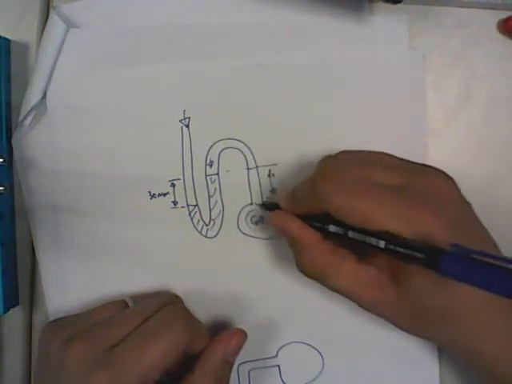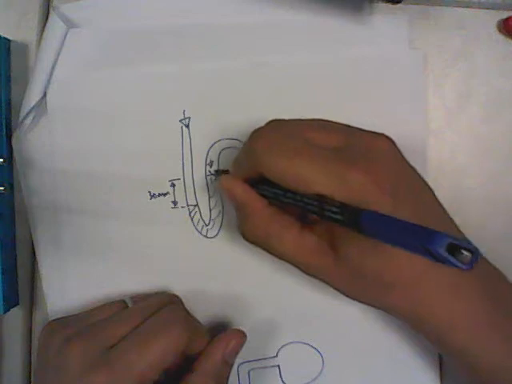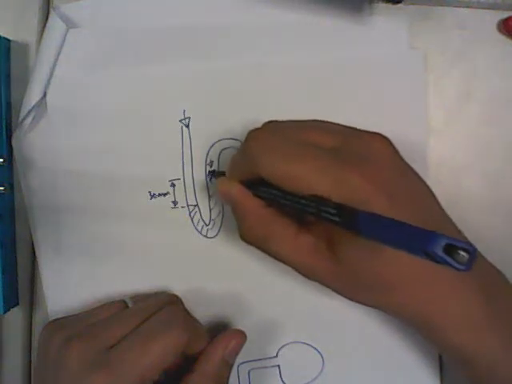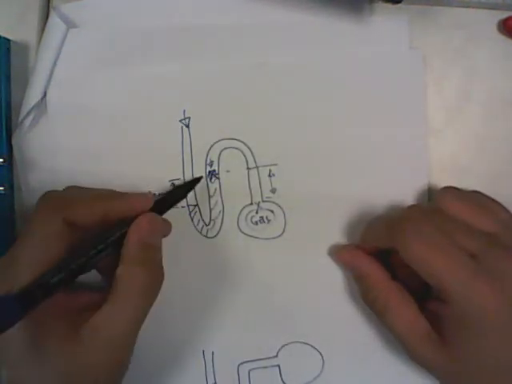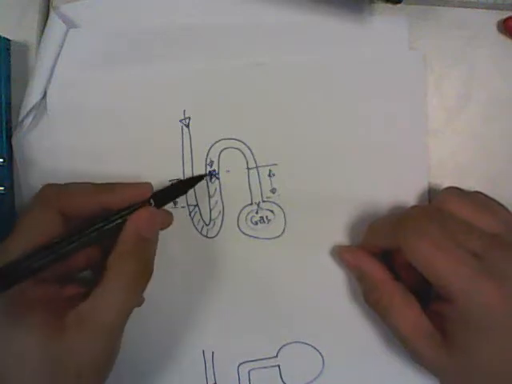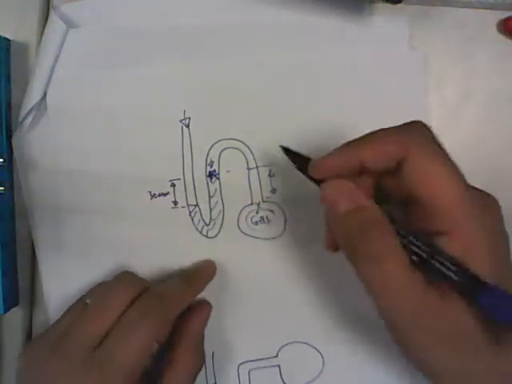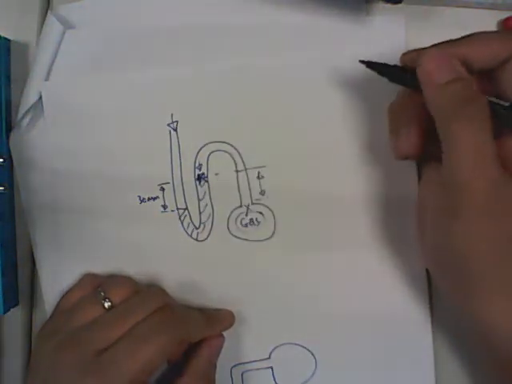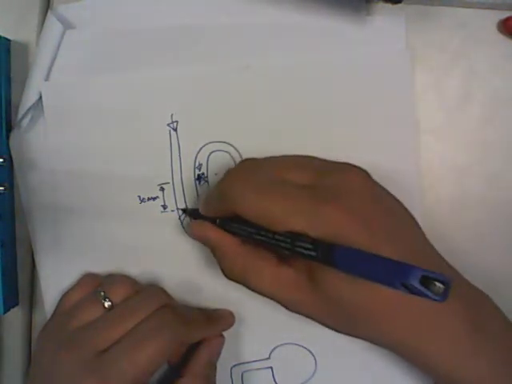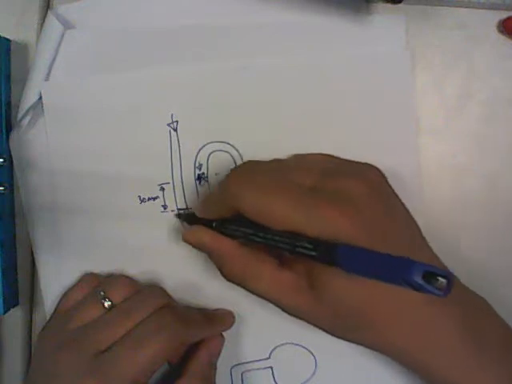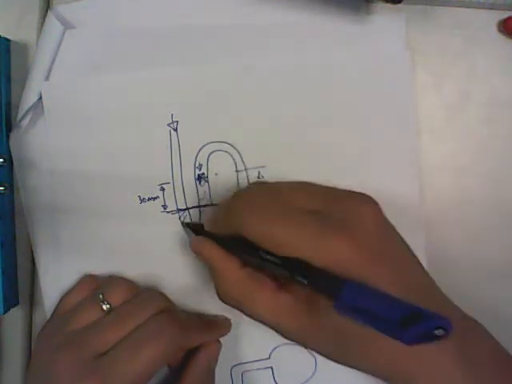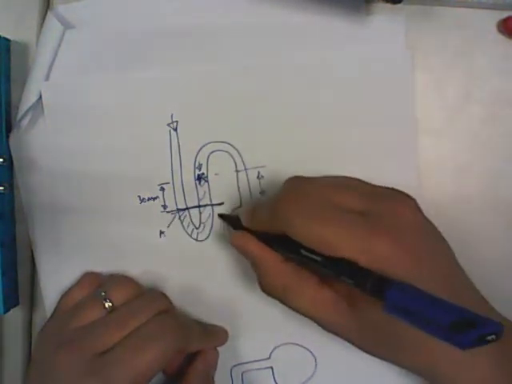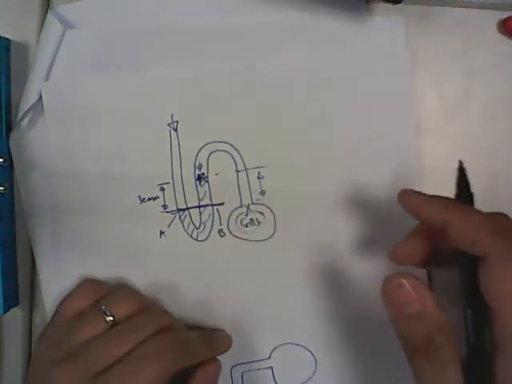So we can say that the pressure at the gas is about the same as this location over here. And what can you say about the pressure at this location? You go straight to the fact that the pressure at the same level of elevation is the same. So if we say this elevation over here, let's mark this location A, this location B.